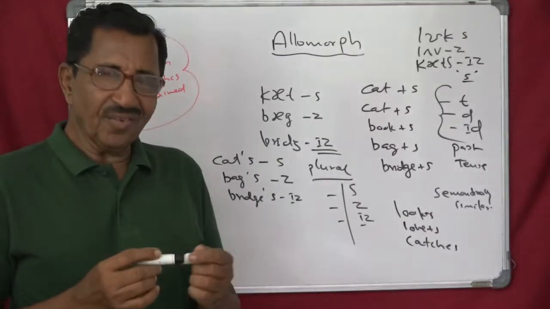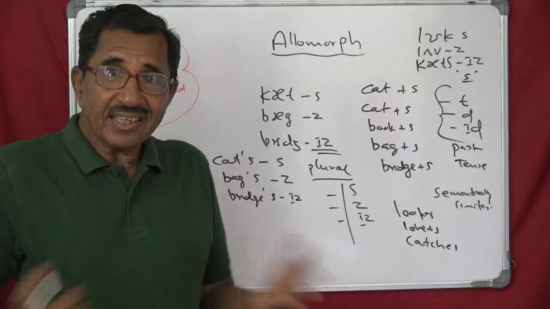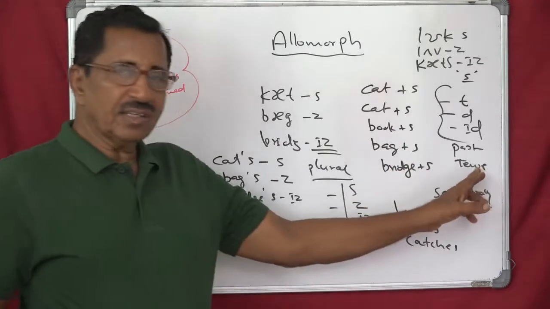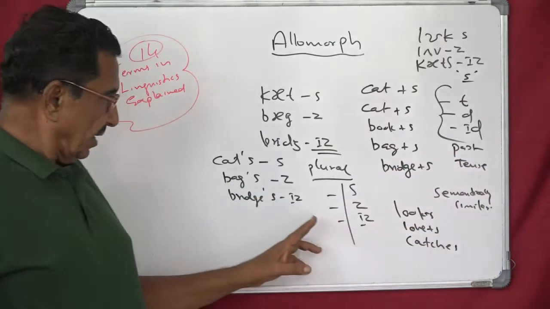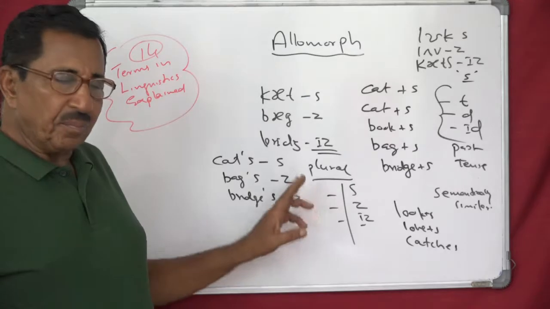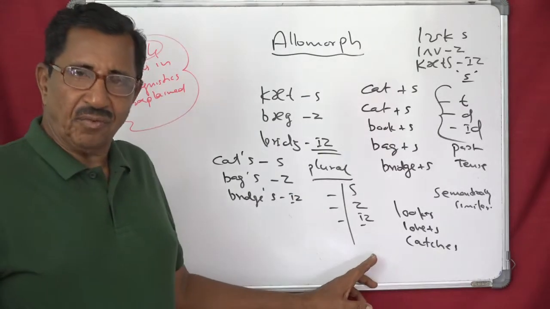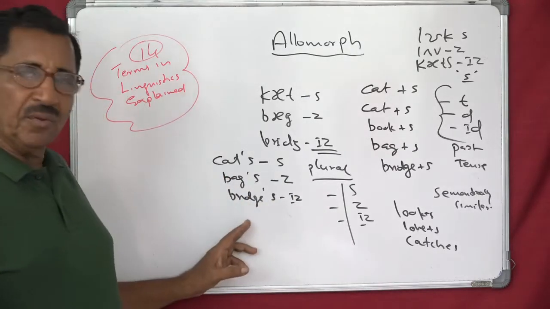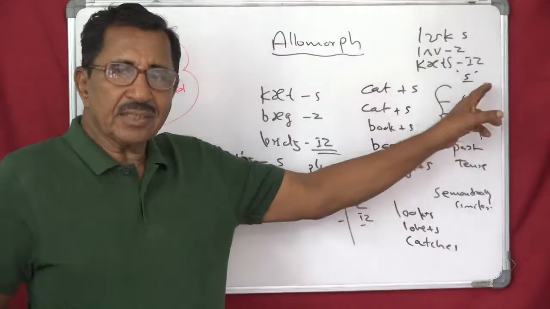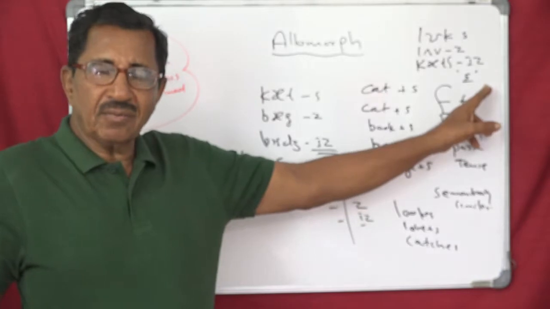So now I have shown you varieties of allophones. Past tense allophone has got 3 forms. Plural morpheme has got 3 forms. Possessive morpheme or genitive morpheme has got 3 forms. Third person singular of verbs, they have got 3 forms.